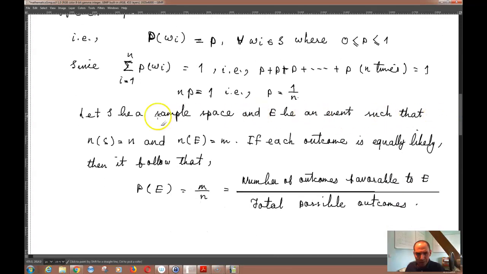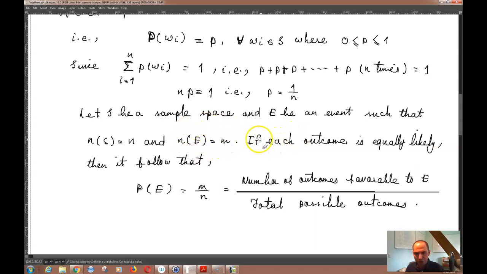Now let S be a sample space and E be an event such that n of S is equal to n, meaning that the number of elements of S is equal to n, and the number of elements of E is equal to m.